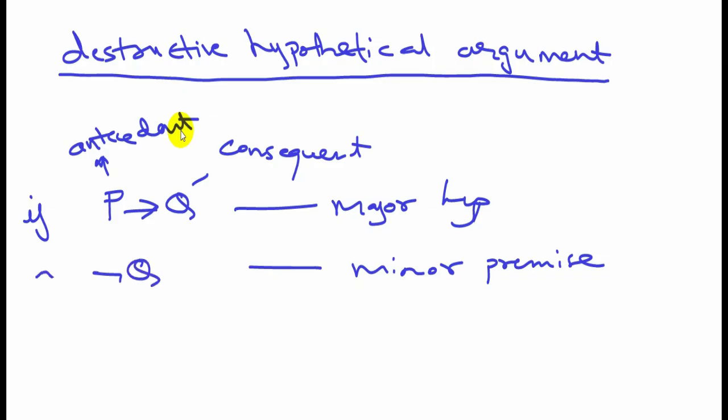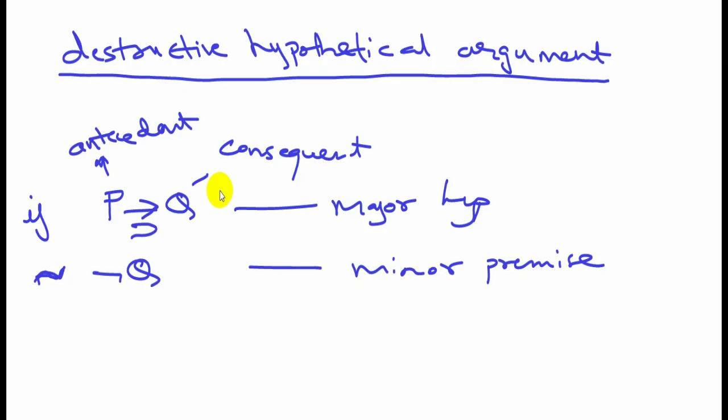Not is also written like this, not Q. And the implication symbol is also written as this. Let me redraw this. It will also be written as P implies Q, and not will be written as per the textbook.